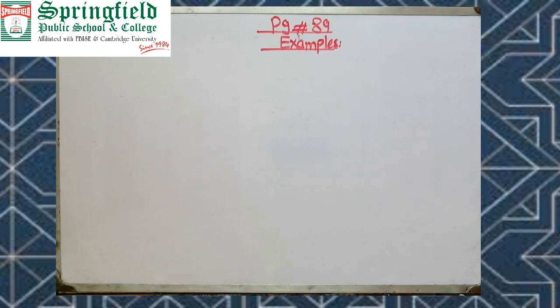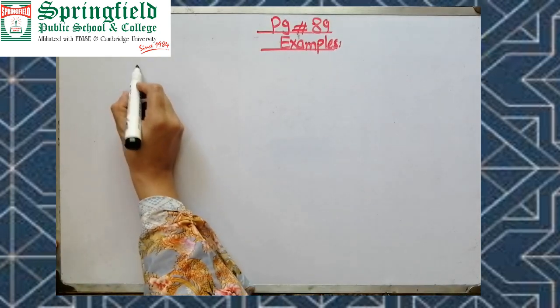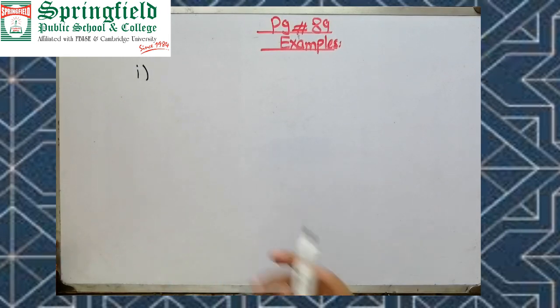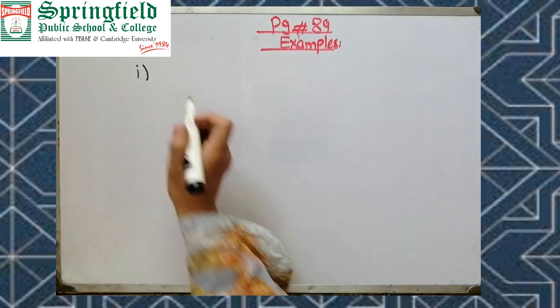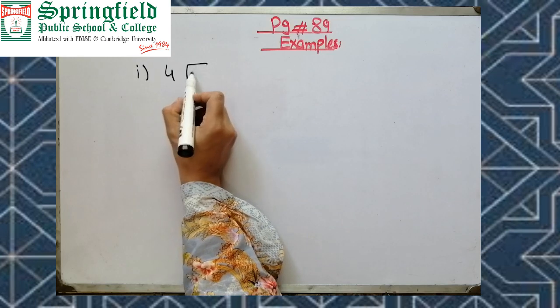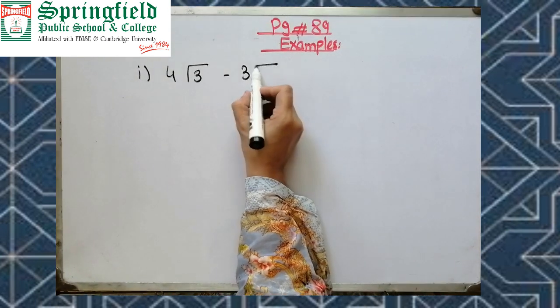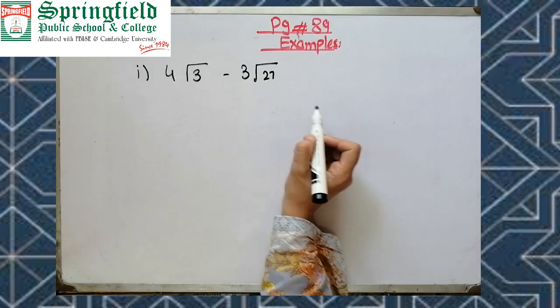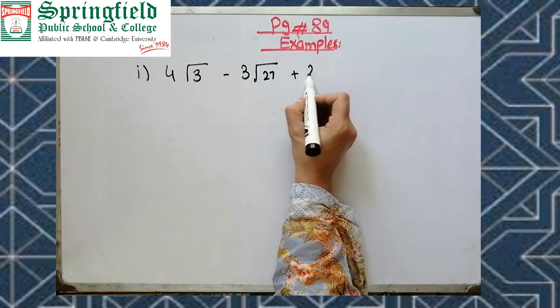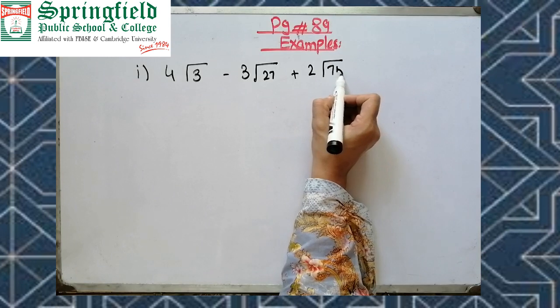Fine. Okay, the first part is 4 under root 3 minus 3 under root 27 and then plus 2 under root 75.